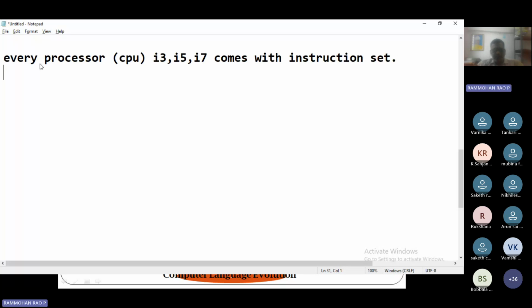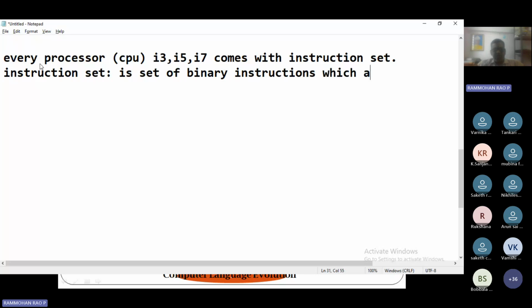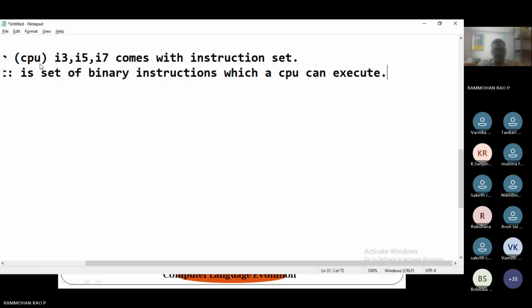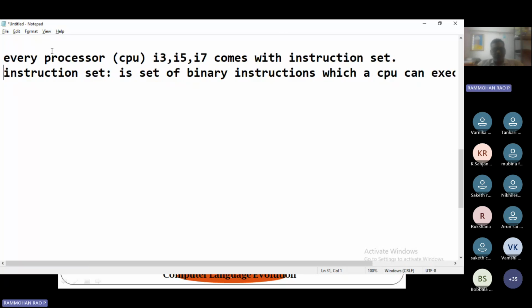What is an instruction set? An instruction set is a set of binary instructions which a processor or CPU can execute.